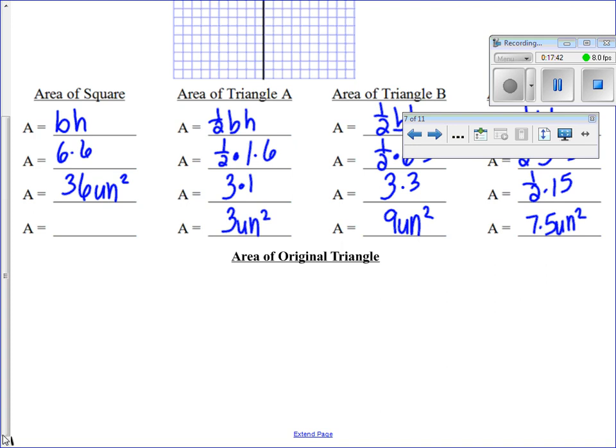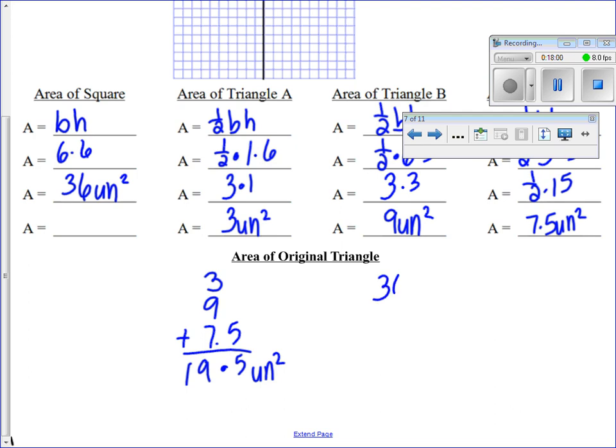So my 3 extra triangles are 3 plus 9 plus 7.5. So my extra external triangles are 19.5.